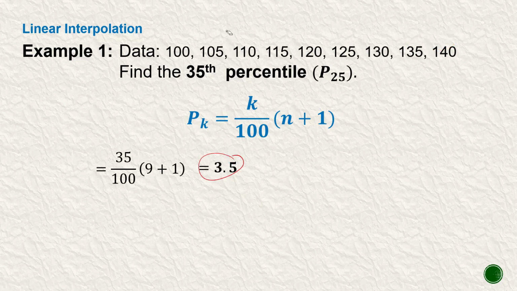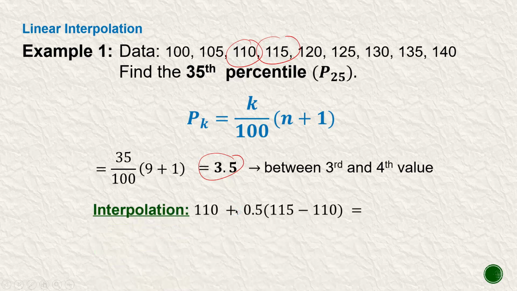So 3.5, that is between the third and the fourth number, which is 105, 110, and 115. So between the third and the fourth value. To do the interpolation, we will take the third value, that's this one, 110, plus, it's always plus.